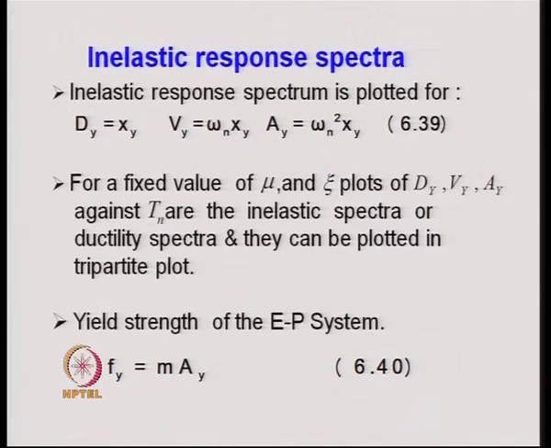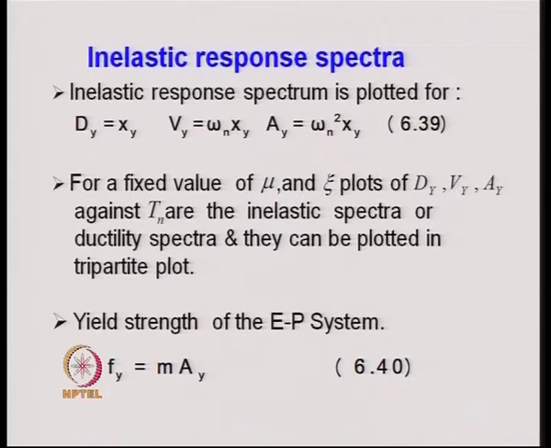So, here mu and xi are the two parameters which control the inelastic response spectrum, as against the elastic response spectrum, where we do not have the concept of mu attached to the spectrum, only the damping ratio xi. However, if mu is equal to 1 and we plot the spectrum, then it will automatically become the elastic response spectrum.